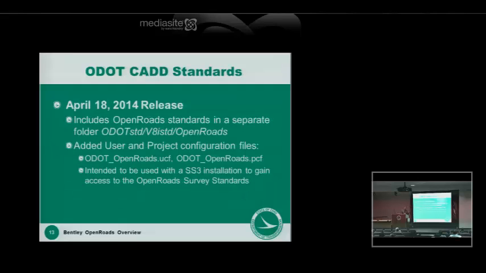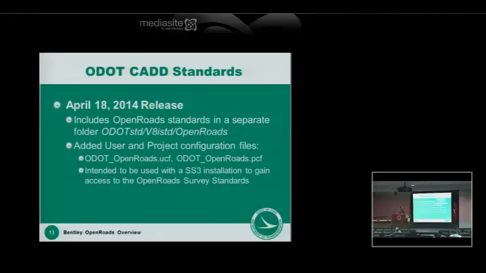Okay, I want to step back again. On April 18th, a few months ago, the release included OpenRoads standards in a separate folder. Under ODOT standard, V8i standard, there's an OpenRoads folder. And this has caused a little confusion, and I'll take the blame for that. My initial contract with ODOT was basically a 6-month contract, and at the end of 6 months, here's the OpenRoads survey stuff, it's in this folder, and I'm out the door unless you bring me back in.